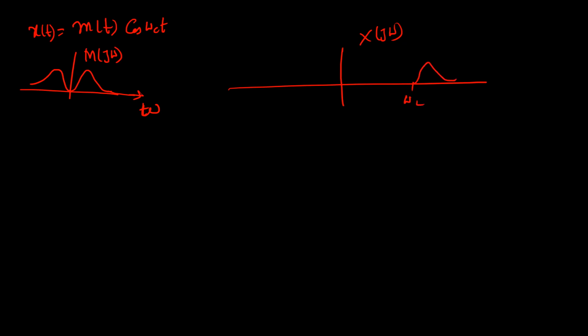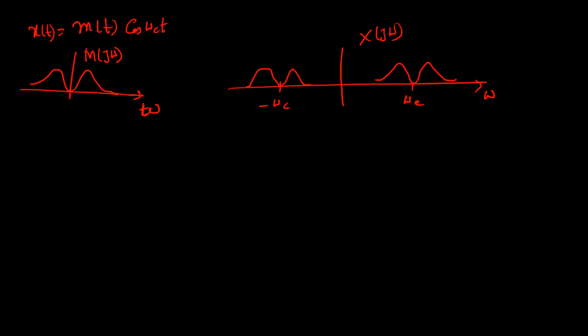It is shifted here, this one. Similarly this one at minus ωc, like this. This is with respect to this ω. Now what about m hat(t) and cos ωct? That we need to understand.